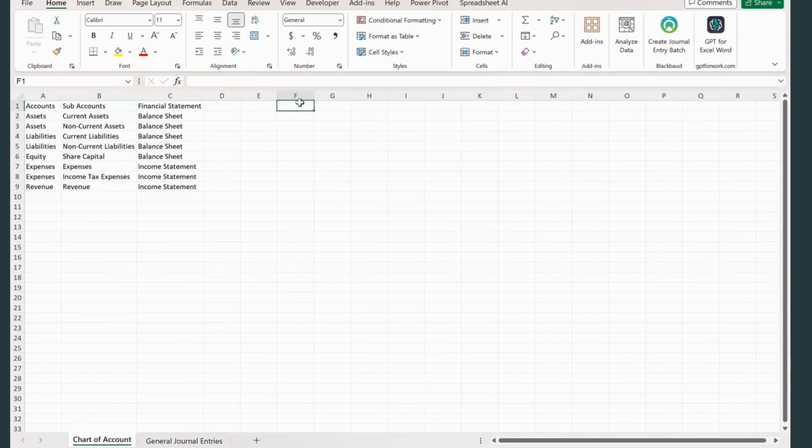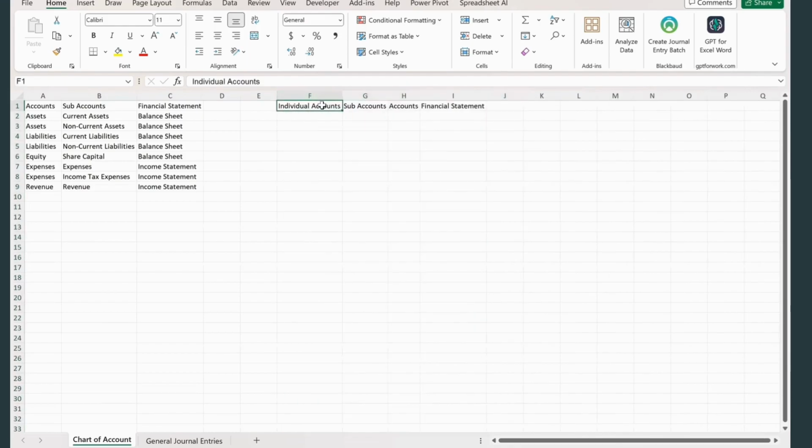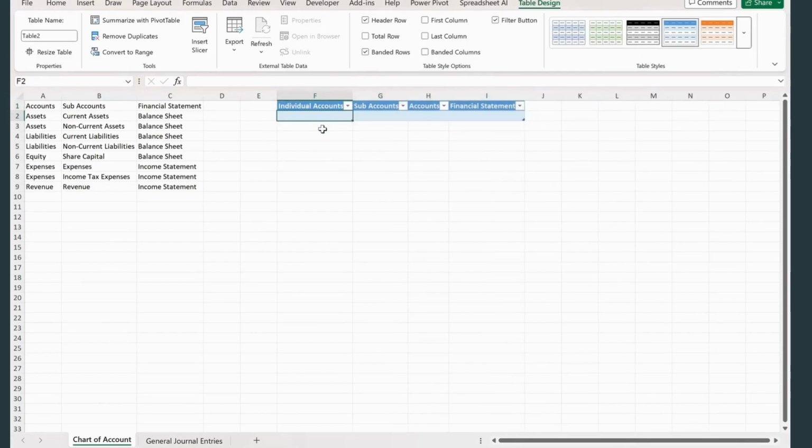We have yet to set up. So here we set up these individual accounts, sub-accounts, accounts, financial statement, individual accounts. Here we create a table, Control T to create a table.